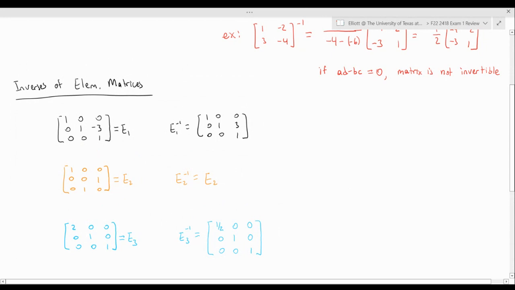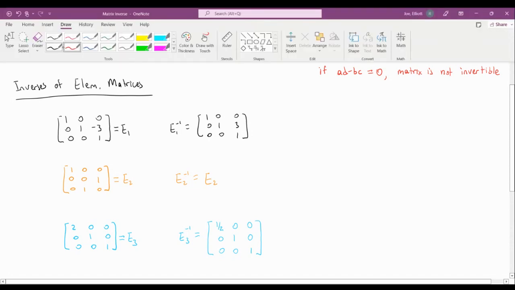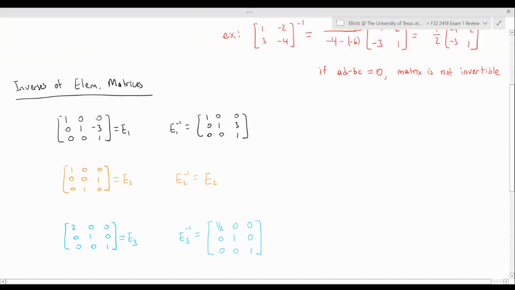So quick reasoning for why this is the case. Remember that each of these elementary matrices corresponds to an elementary row operation. Okay. So the elementary row operation corresponding to E1 was doing row 2 minus 3 row 3.